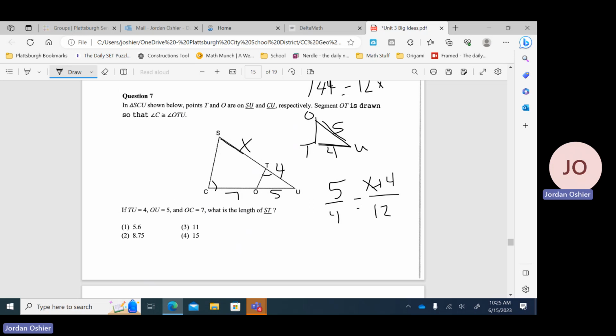So again, I'm doing this side to this whole side right now. 5 times 12 is 60, equals 4x plus 16. Subtract 16 from both sides, we get 44. Divide by 4, we get 11. And again, I circled it because ST is what I labeled X as, and that's why I jumped to circle it so quickly.